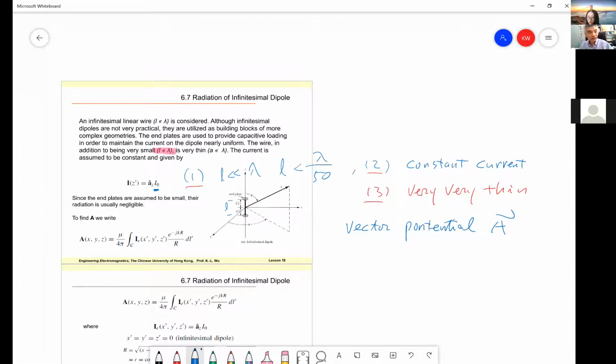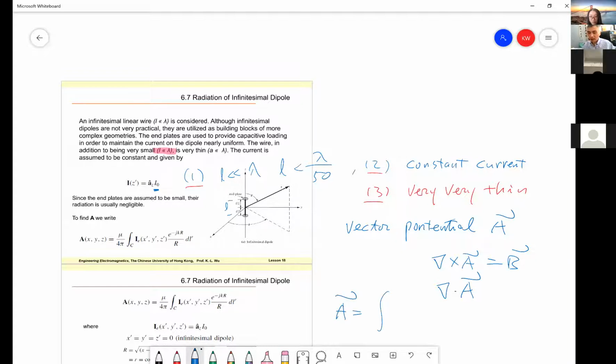The A is defined by two things. One is curl of A equal to B. And we also have another definition, the divergence of A. Then we also find how to find the A potential.